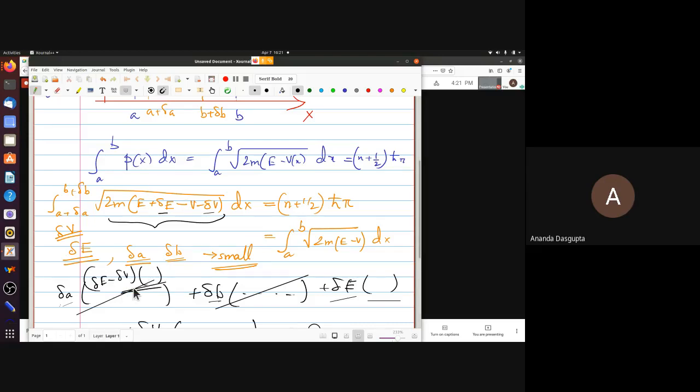Did that make sense? Simply because without these two terms, this quantity would have been 0 exactly at x equal to A. With these terms, it's not exactly 0 at x equal to A, but it deviates from 0 in the first order. Is that okay?